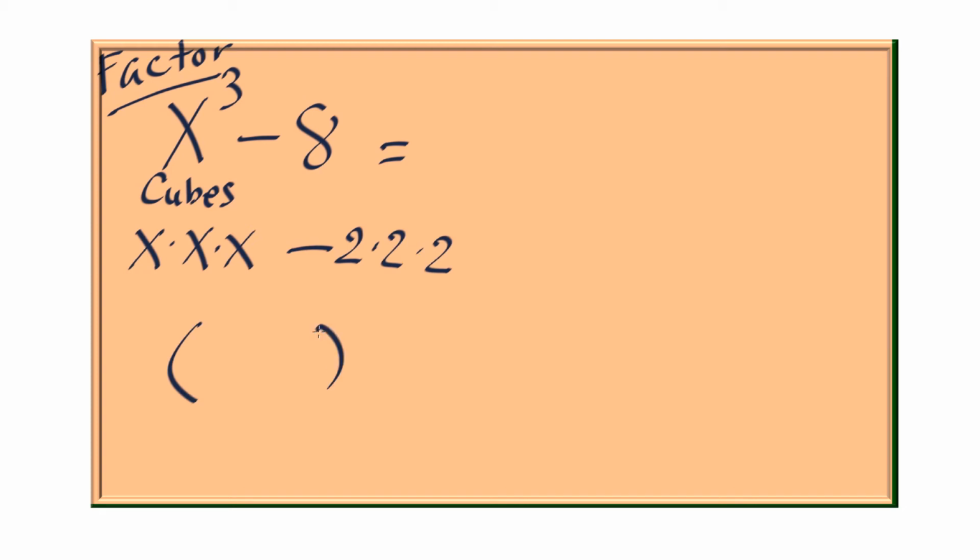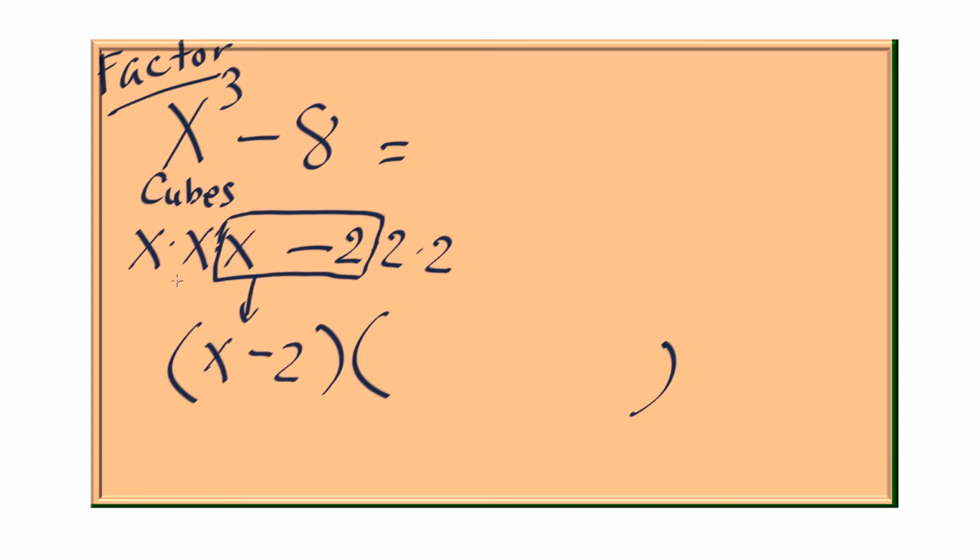To find the factors for our difference of cubes, what we do is enclose this x minus 2 because that will be our first factor. Now this leftover x squared goes into the second quantity. This other leftover, which is 4, also goes in the second quantity. So we have only one remaining term to look for, the middle term.